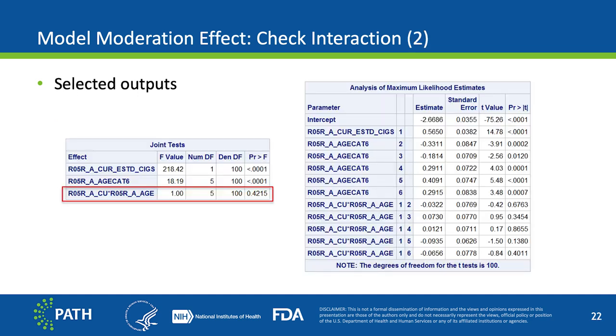In this selected output, the joint test shows the main effect of the main predictor and the main effect of the age group. However, the interaction term between these two is not significant after our check. This is to say the effect of current cigarette use is not statistically different across age groups.